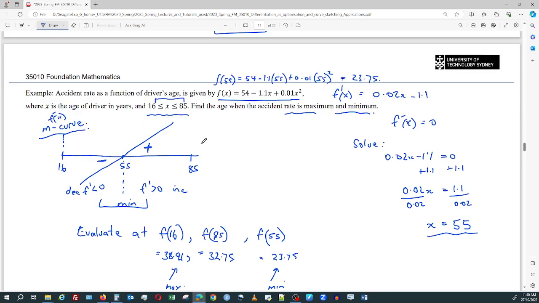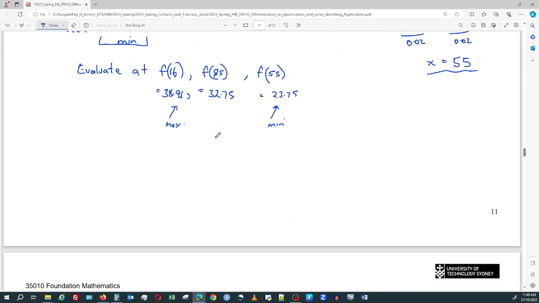So when we look at find the average accident rate, find the age when the accident rate is a max and a min. So this is an American study because they're allowed to drive from 16. So the accident rate is at a maximum at age 16.